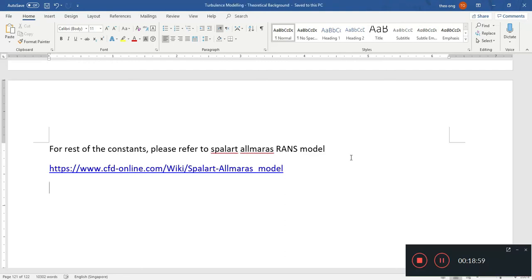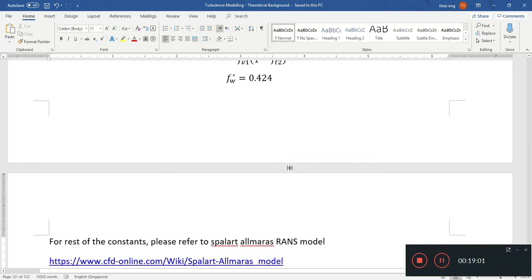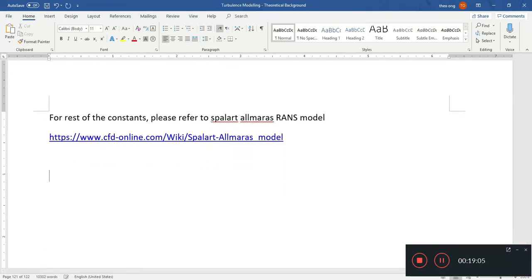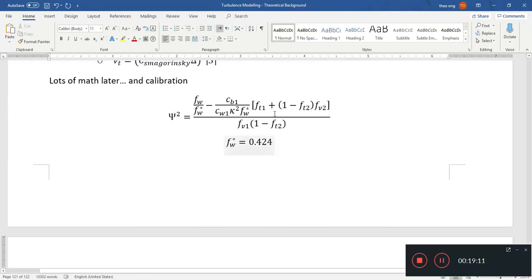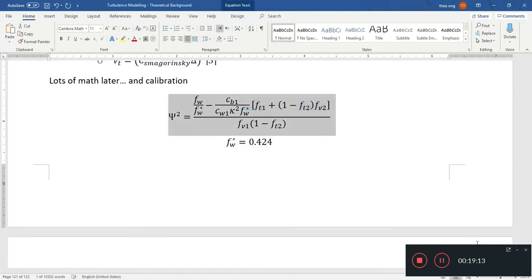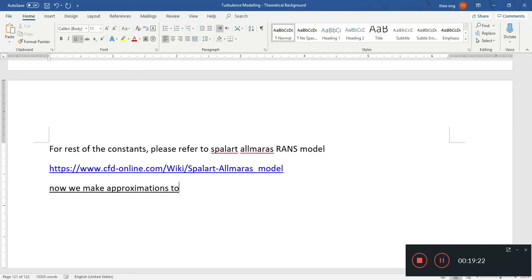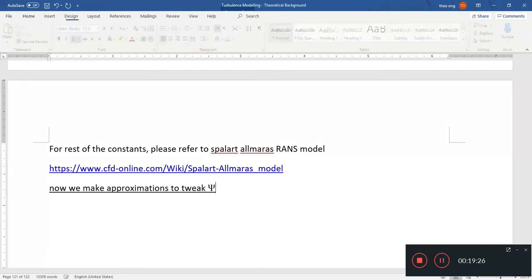And what they found out is, now you have the underlying first principle derivation of this. Now we tweak it numerically. We make approximations to tweak psi squared, or psi, numerically.